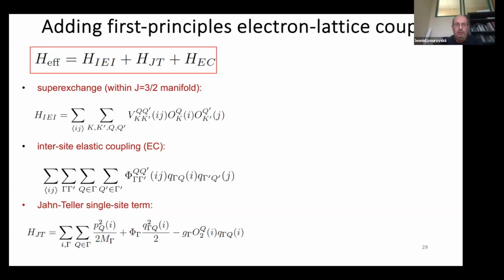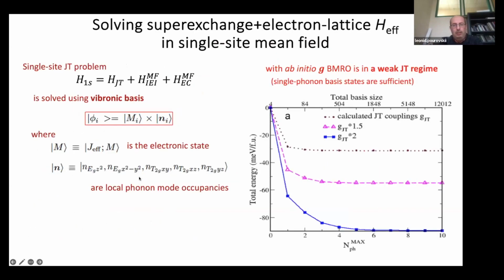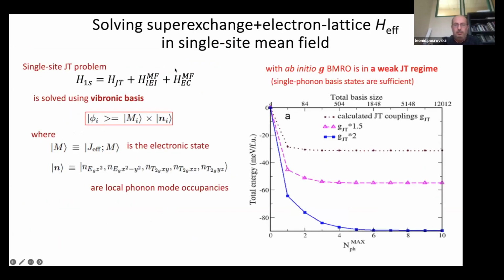So basically what we did, we added electron-lattice coupling. We calculated Jahn-Teller coupling, we calculated elastic intersite coupling. And in result, what one has is this kind of Hamiltonian, which combines all these three terms.